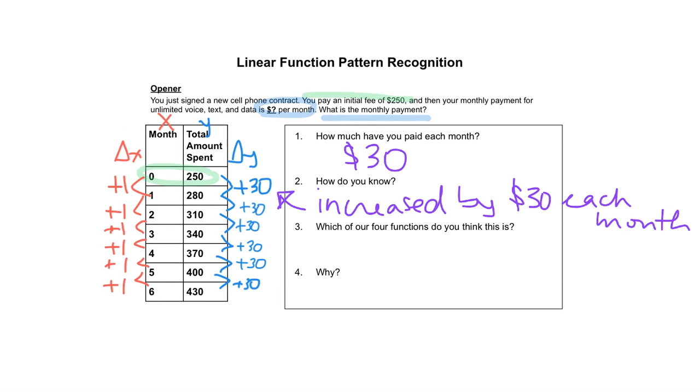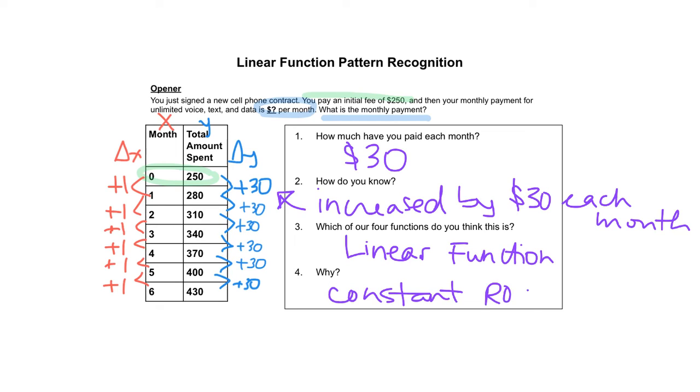And then it says, which of our 4 functions do you think this is? And because our change is constant, we know that this is a linear function. And why is because it changes by a constant amount or it has a constant rate of change.